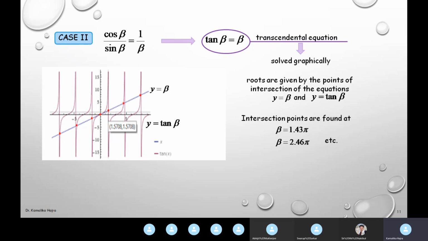We put these beta values in the expression of intensity, I0 sine beta by beta, and it is found that for beta equal to 1.43 pi, the first root, I is equal to 0.0496 I0.